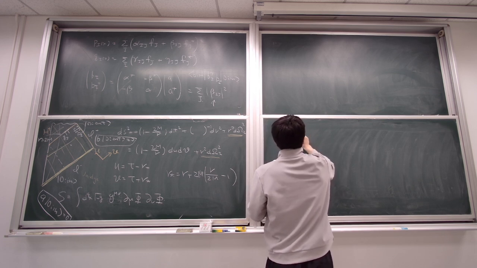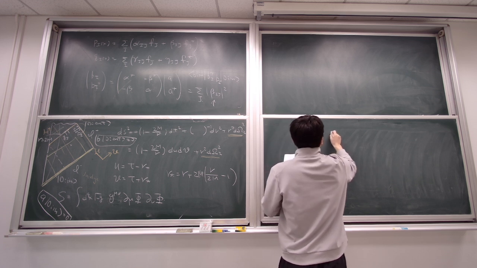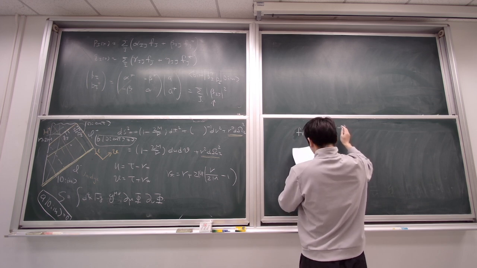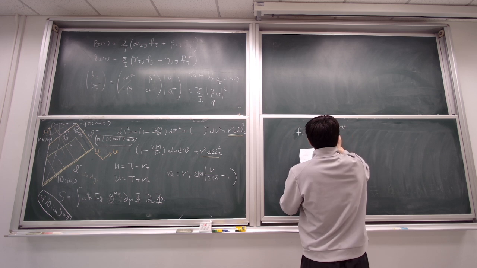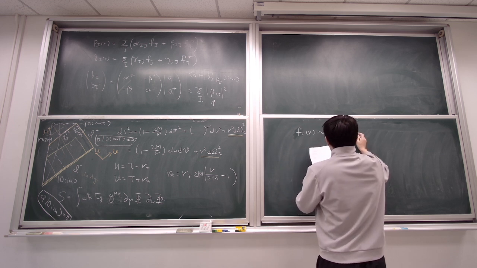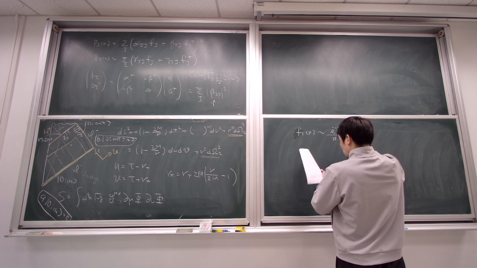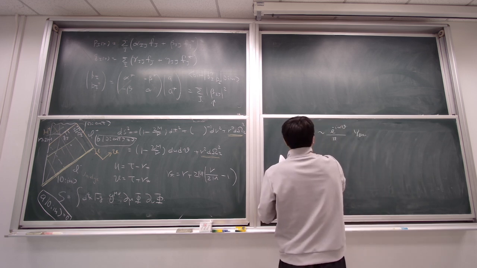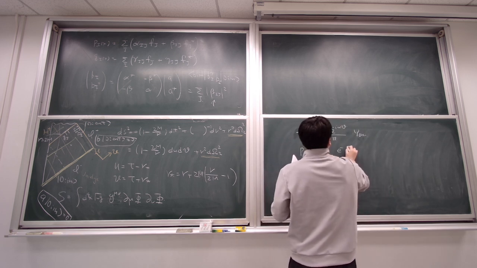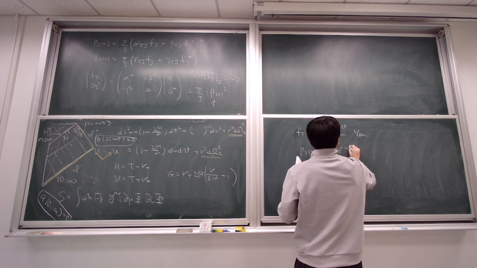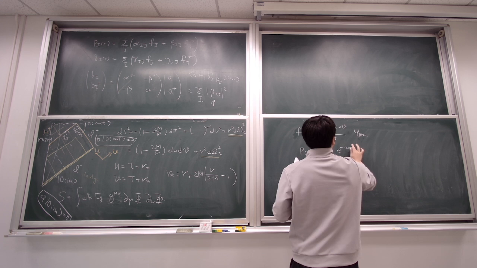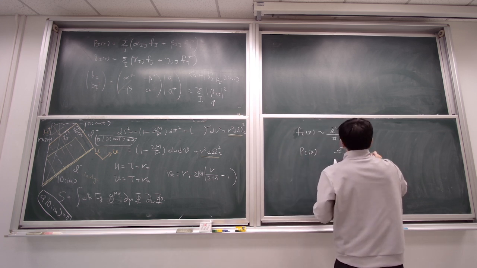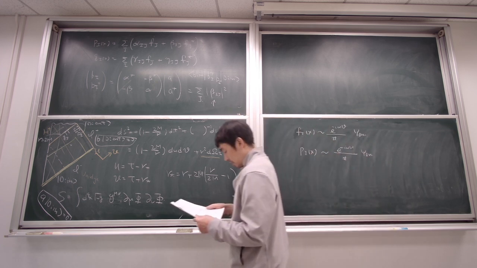As I mentioned, fi of x is approximately e to the i omega v divided by some power, times spherical harmonics Ylm, and pi of x is e to the minus i omega u, not v, divided by some number, times Ylm. That is the approximation we had.